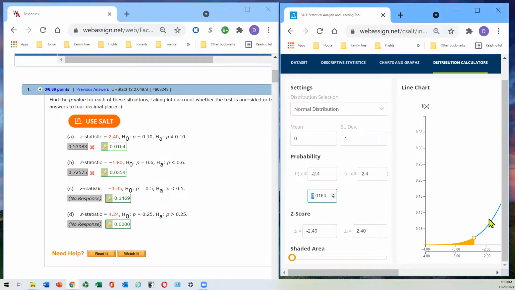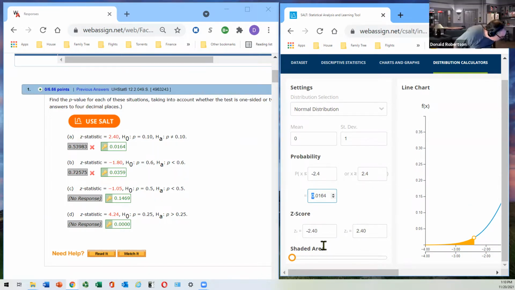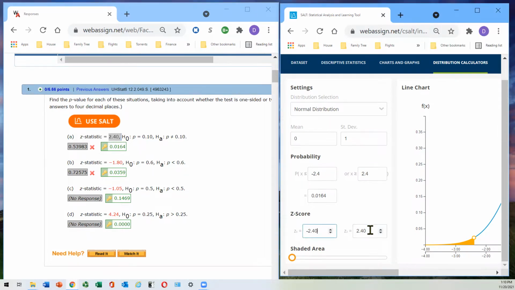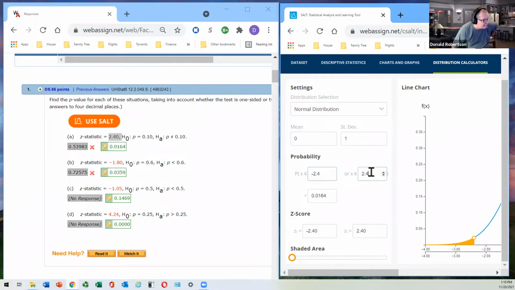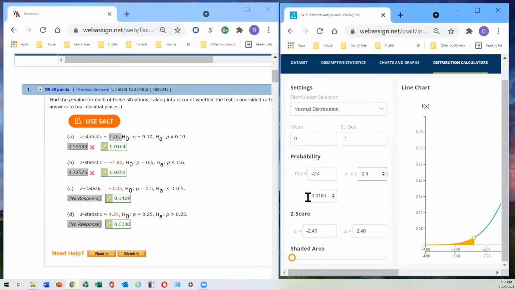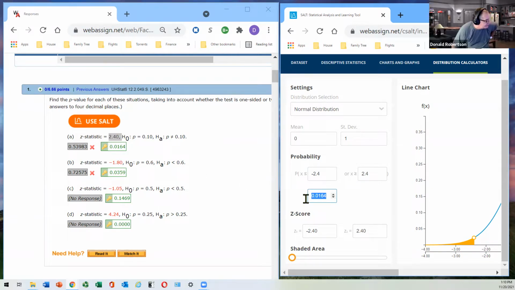Down at the bottom. See the thing they're calling Z1 and Z2. It's actually the negative of this and the positive of this. So I put in negative 2.4 and 2.4, and it repeats itself up here. So you see the same thing twice. And is the answer that little? Yeah, and that's right, that number that goes there.